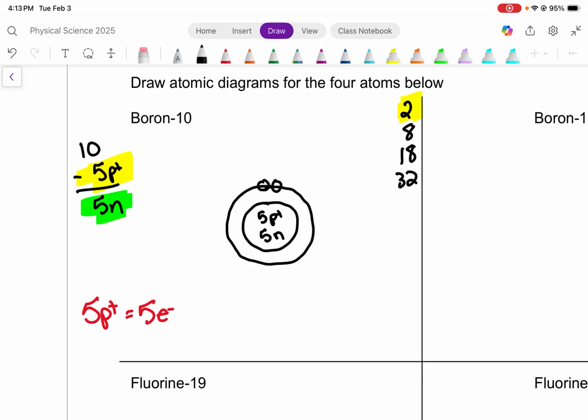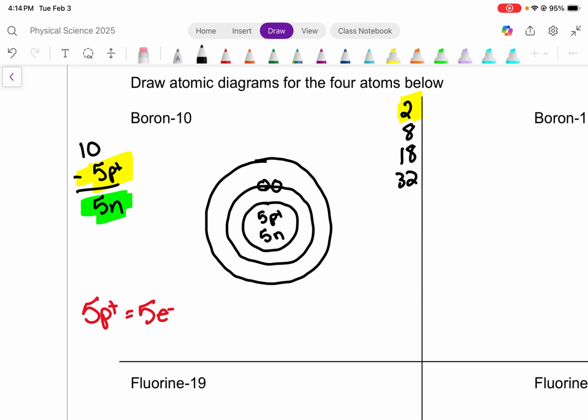Well, since I took care of 2, that means there's 3 more. And I can't fit them in there because 2 is the maximum. So I have to draw the next level. And kids, I'm particular about how we do them. We've got 3 more. And so watch my numbering scheme. When we put these electrons in, we're going to kind of pair them up, because in the world of electrons, they kind of behave certain ways.